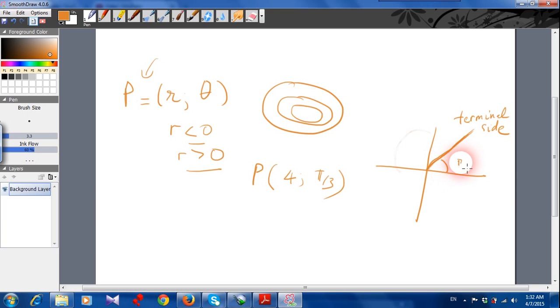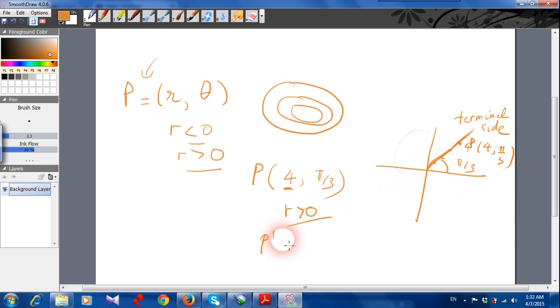So this one will be pi over 3. And where is P? You see r is positive, so the point P will be on this side. So it's 1, 2, 3, 4. So that's P at (4, pi over 3).